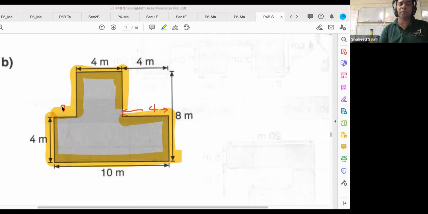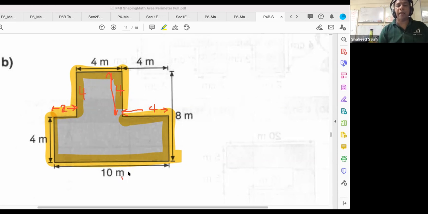Here is 2. So then, from here to here is how much? You can find what? 8 minus 4 is 4. So this is 4, this is 4.